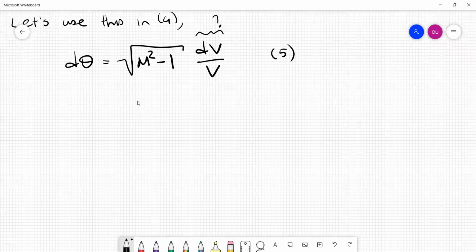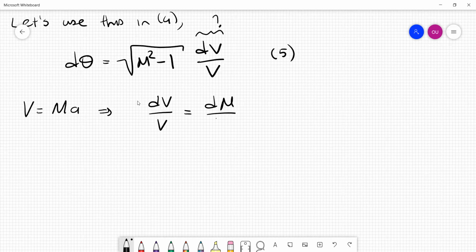In reality, velocity is equal to Mach number times speed of sound. We know that. So from here, if we first take the natural logarithm and take the derivative, one can show that dV over V can be written as dM over M plus dA over A. This can be derived mathematically starting from this relation.